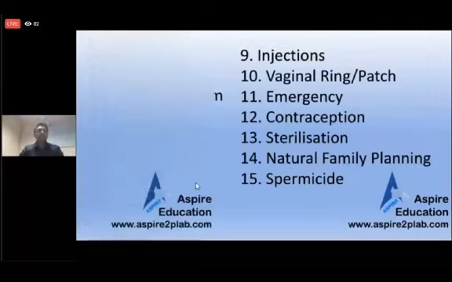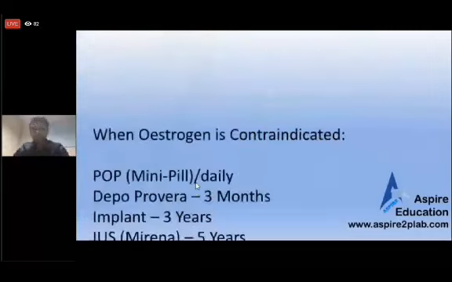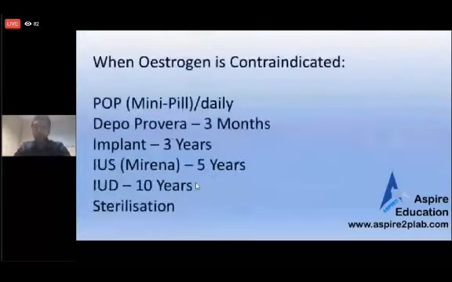So for example, if estrogen is contraindicated, then obviously you will give progesterone-only pills, which is the mini pill, Depo-Provera, implant, IUS, IUD, or sterilization. As I told you, if the family is complete, then you can offer sterilization, tubal ligation, or male sterilization.